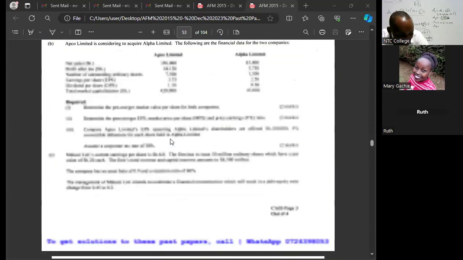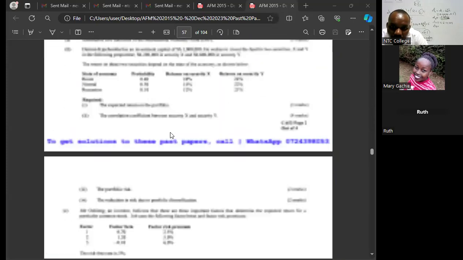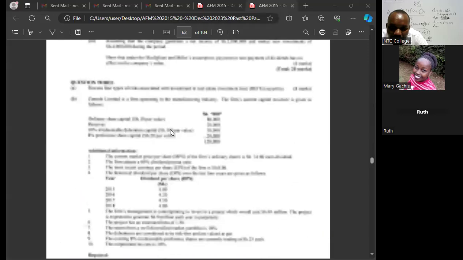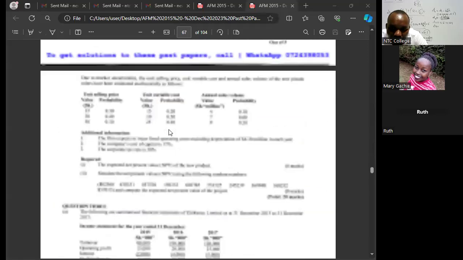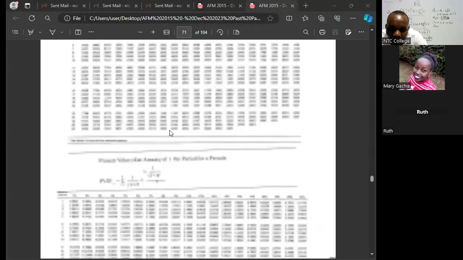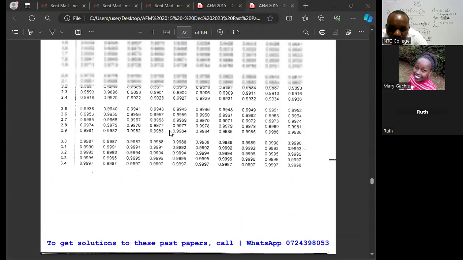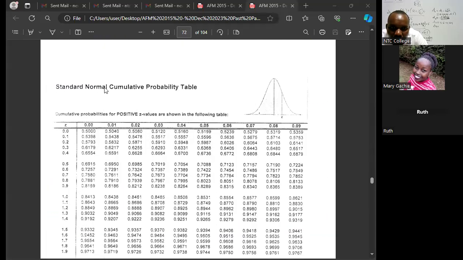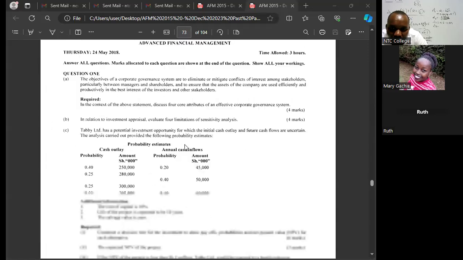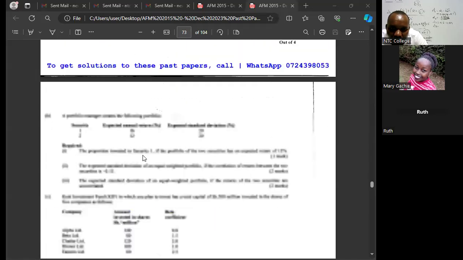Let me check 2016. I'm sure there is a table they gave there. But I'm hoping that now you know how to read the table. Standard normal cumulative. Here they have not said if it is one-tailed. In a cumulative distribution table, normal cumulative, and let me see, this is 2018.